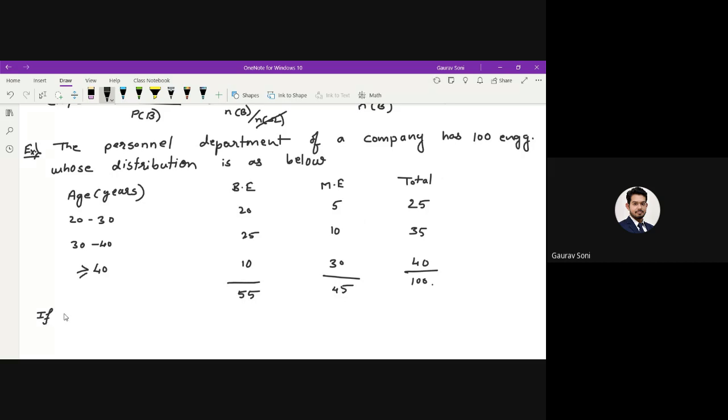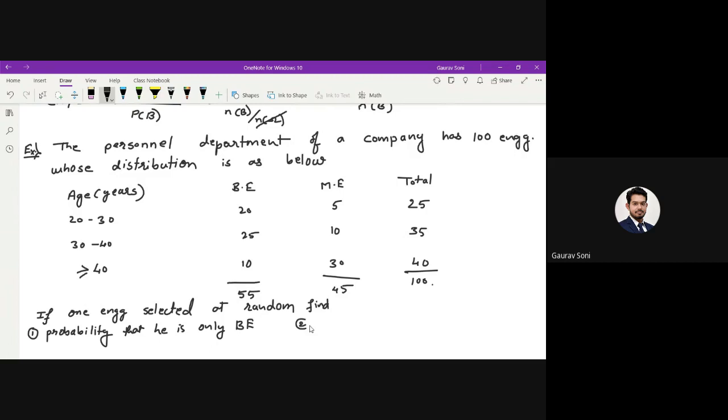If one engineer is selected at random, first, find the probability that he is only BE.